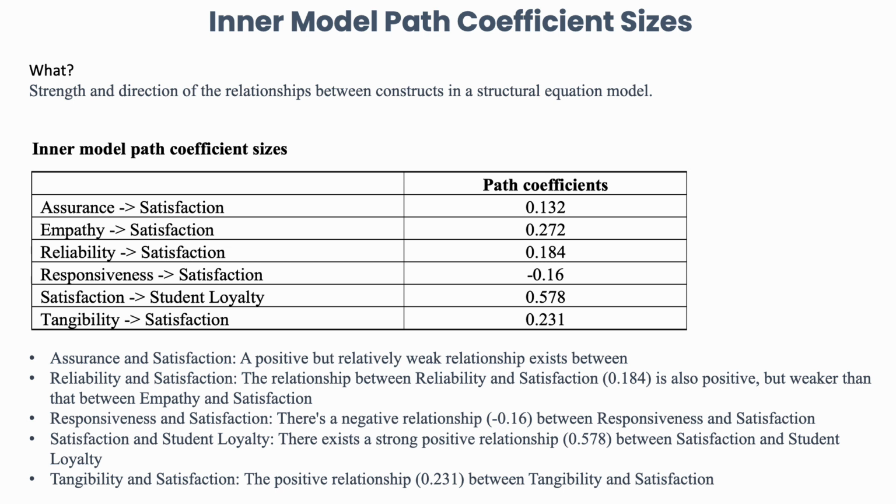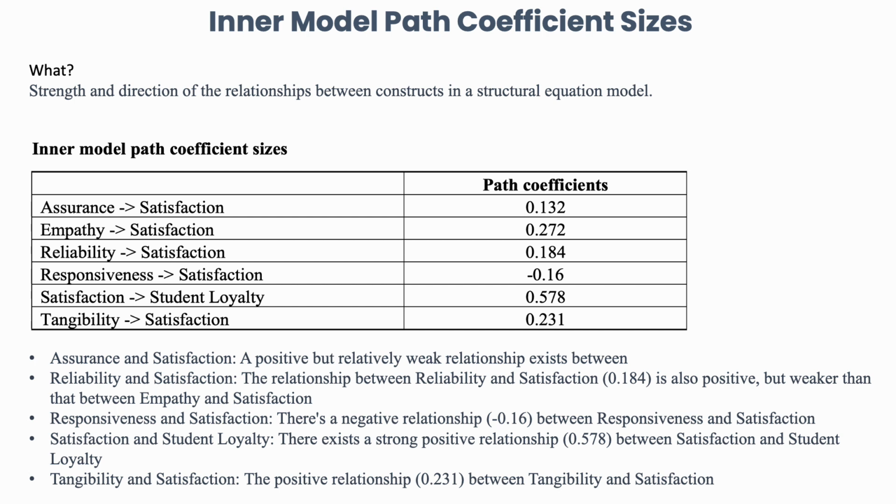The significance of the path coefficient is usually determined by conducting a bootstrap resampling procedure, which generates a t-value for each path. If the t-value exceeds a certain threshold, for example 1.96 for a significance level of 0.05, the path is considered statistically significant.